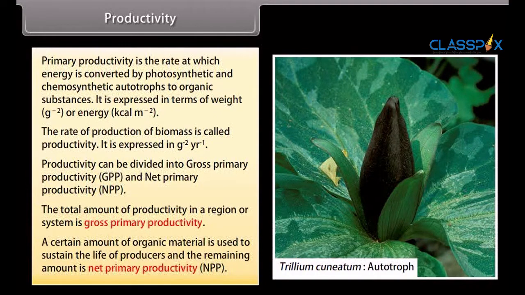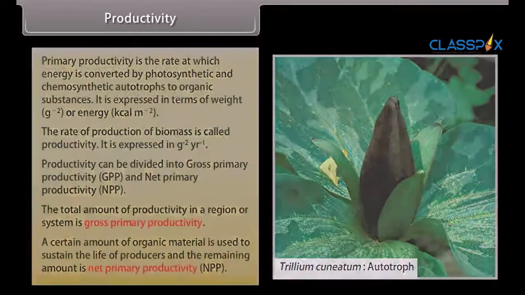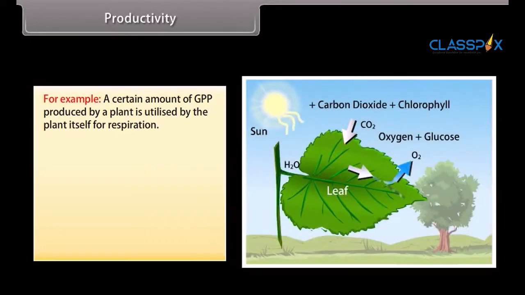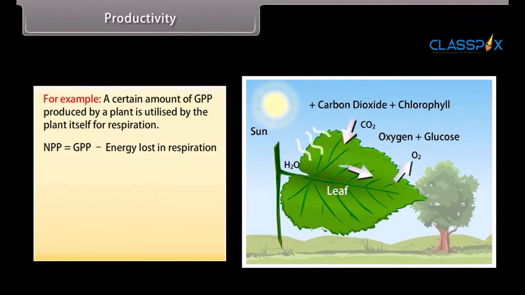A certain amount of organic material is used to sustain the life of producers and the remaining amount is net primary productivity (NPP). For example, a certain amount of GPP produced by a plant is utilized by the plant itself for respiration. NPP is equal to GPP minus energy lost in respiration.